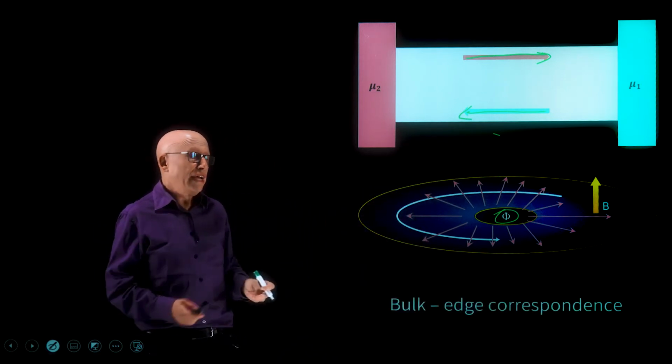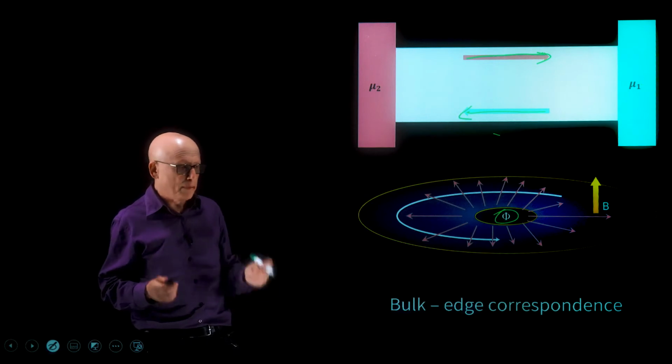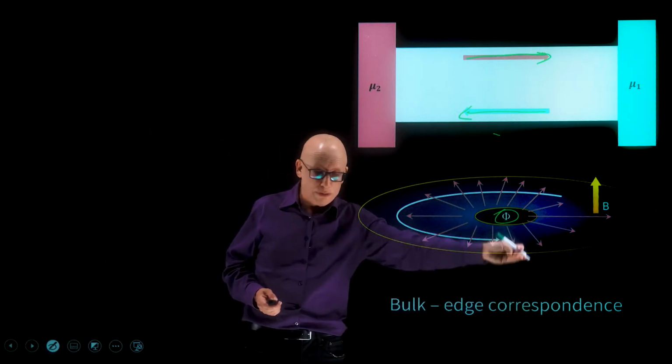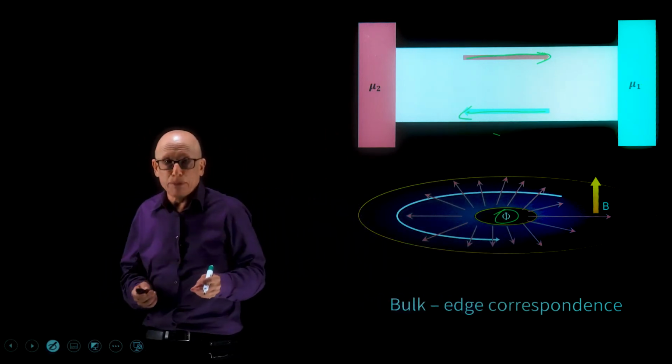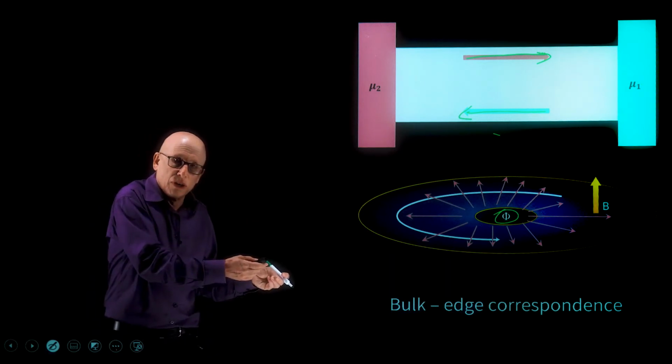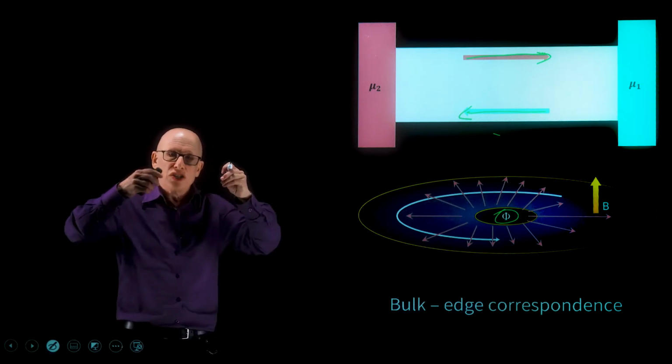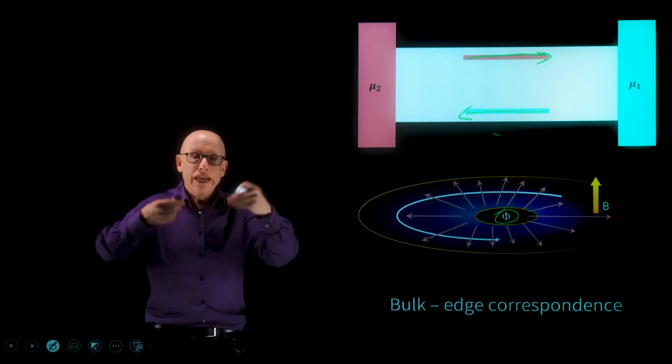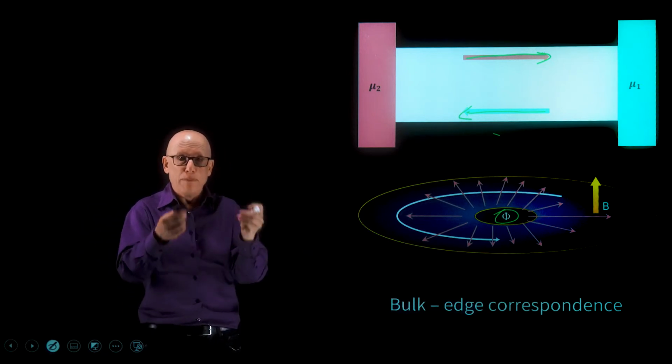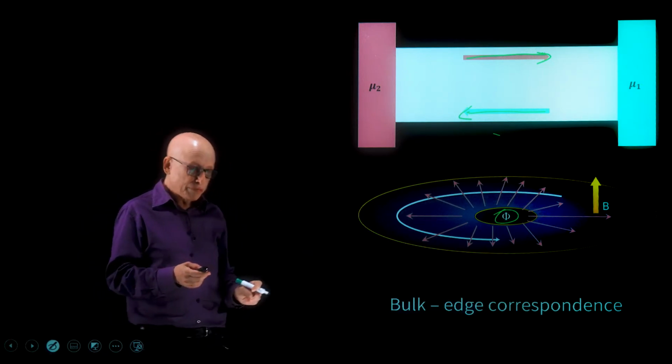This is known in the context of topological states of matter as bulk-edge correspondence. And this is a concept that originates from the quantum Hall effect, but will show itself time and again in many other states, in many other points along this course.